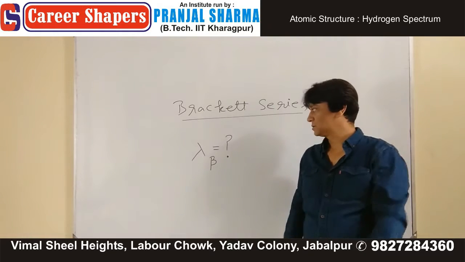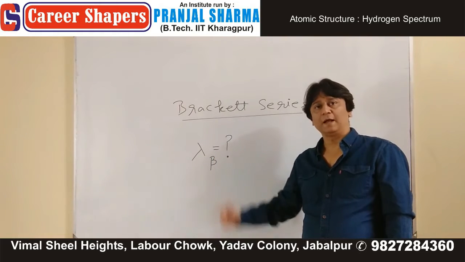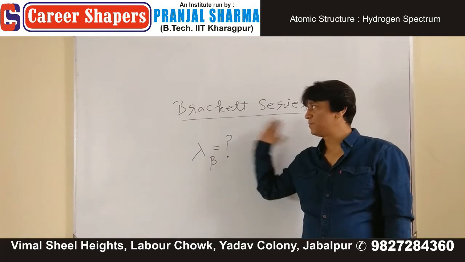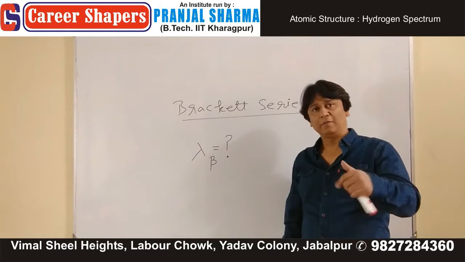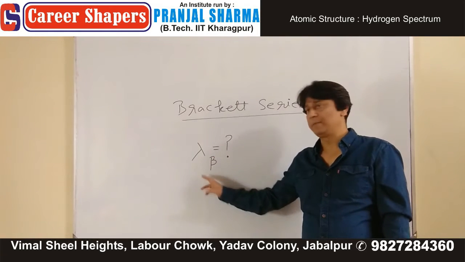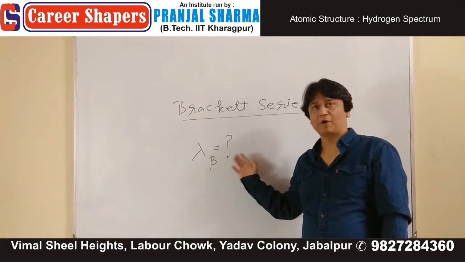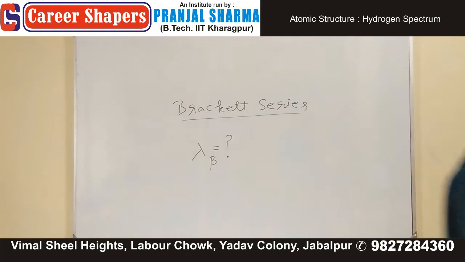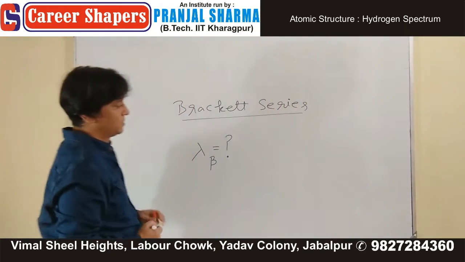In the comment box, for what jump you will get the second spectral line of Brackett series. Follow the same sequence and then also find out lambda beta. Please do not disappoint me. At least try to answer this one. Good. Some of you answered correctly.